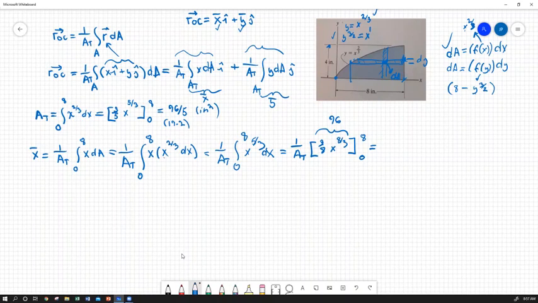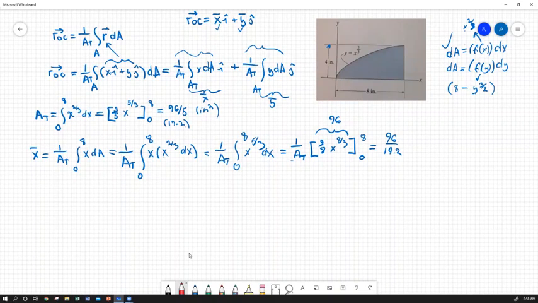Okay, cool. So if we put the 19.2 in for our total area, we end up with an x centroid of 96 divided by 19.2. It's about 100 divided by 20, so 5-ish. Want to get me a number for our x centroid? Well, stick with 5. Okay, great. Close enough. 3, 4, 5.